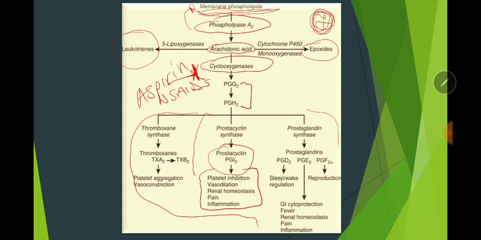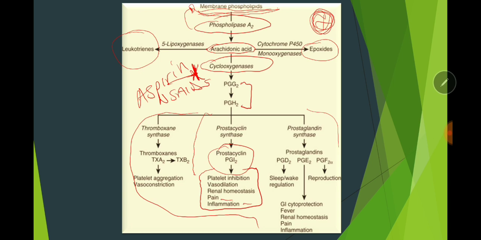Prostaglandin I, or prostacyclin, inhibits platelet aggregation. It causes vasodilation, and it causes renal homeostasis, and induces pain and inflammation, all right?